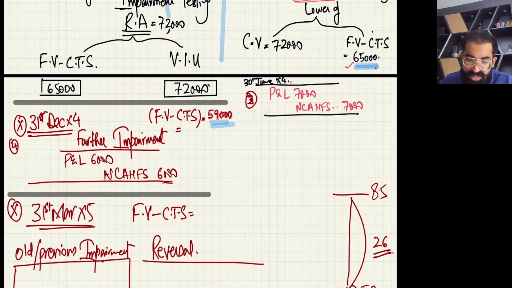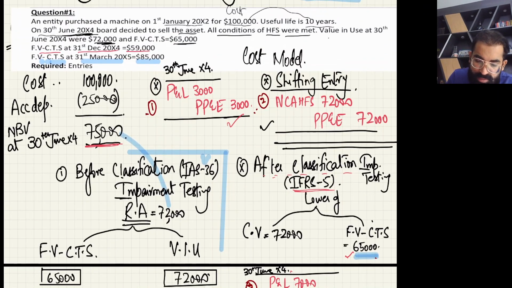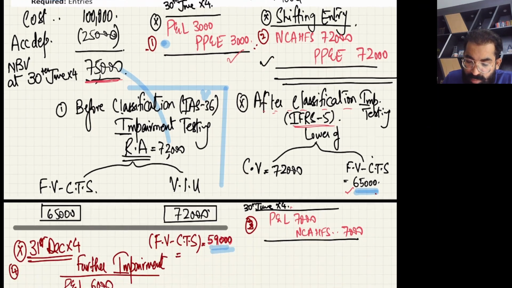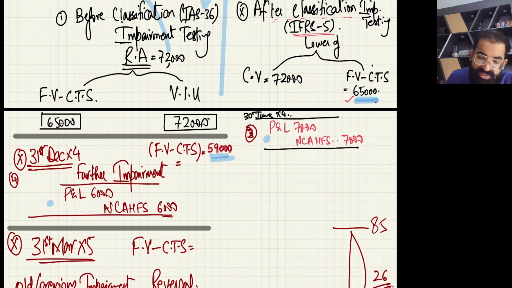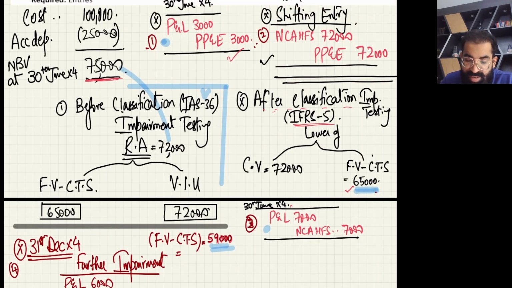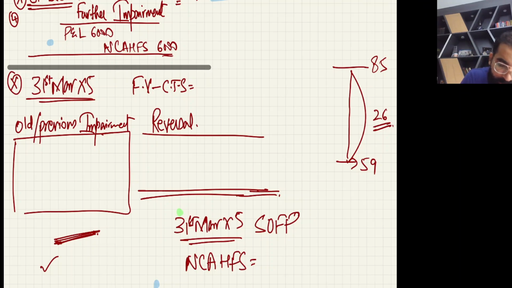So how many impairments did you book? Let's count. Impairment means all impairments, before and after classification. The first impairment is 3,000, then a second impairment of 7,000, then a third impairment of 6,000. Can you count? Please don't sleep. 3, 7 and 6.